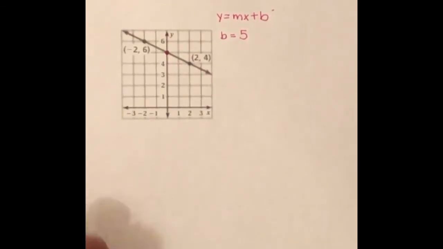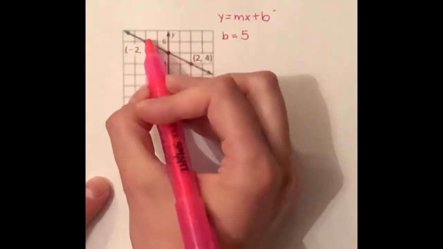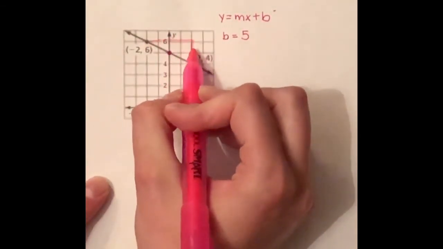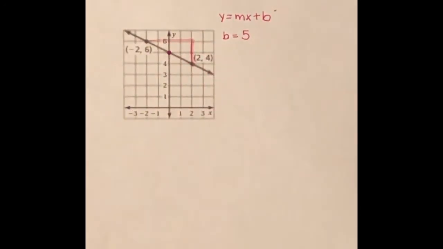Well, I know 2 ways to find slope. I can count it on the graph, or because I have 2 points that are nicely labeled already, I can use slope formula. But because I'm given a graph, I'm just going to go ahead and count. So I'm going to take my 2 points, I'm going to draw a little triangle between them, and I'm going to count my rise and my run.